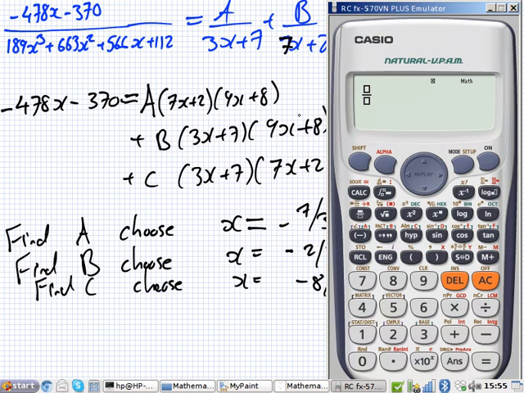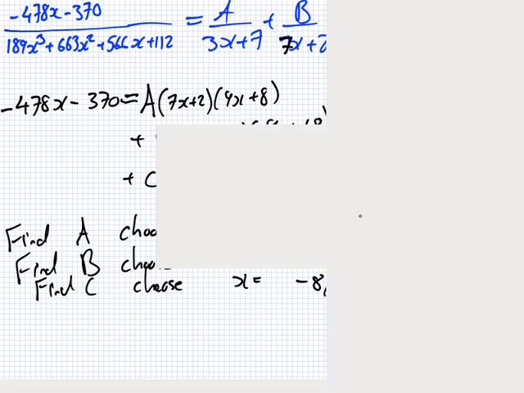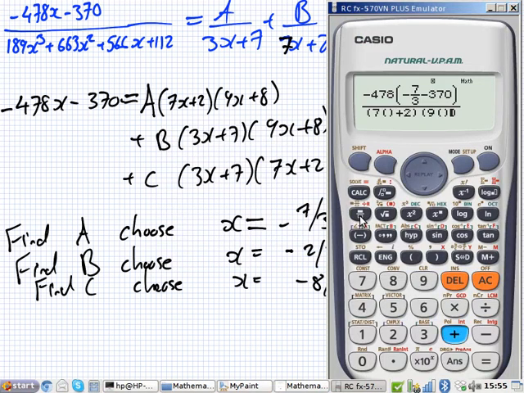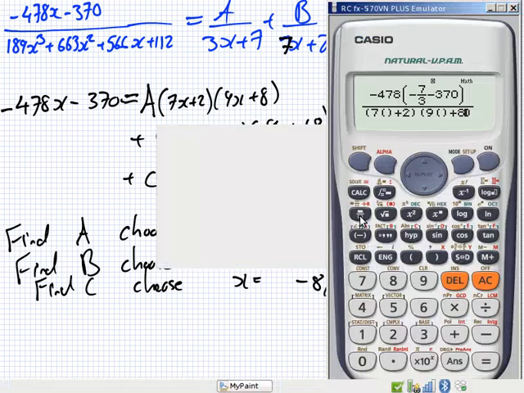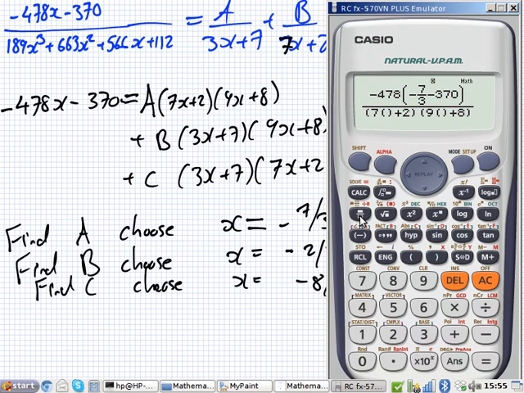So I have minus 478 times minus 7 over 3, minus 370, over the other two terms, 7x plus 2, and the next one is 9x plus 8. So this here is minus 7 over 3, and this one here is minus 7 over 3. I think I typed in something wrong.